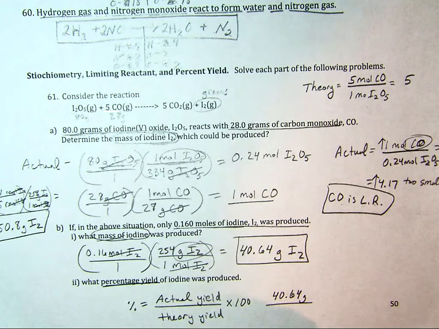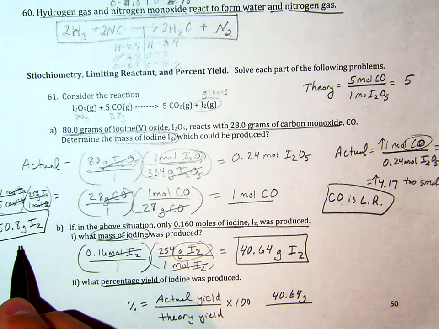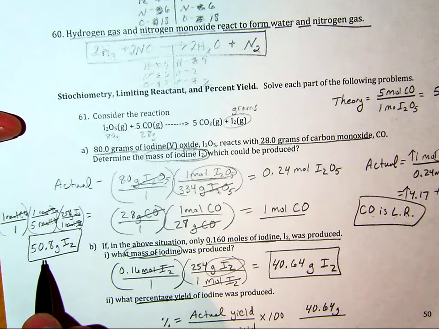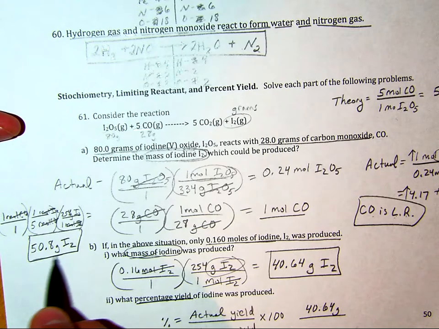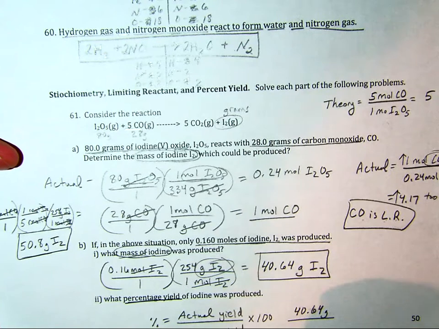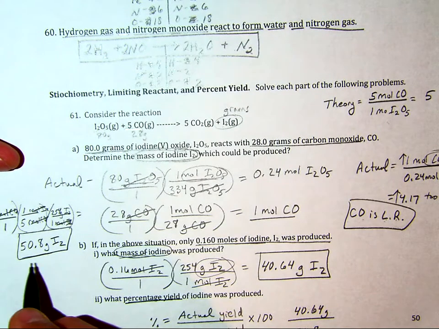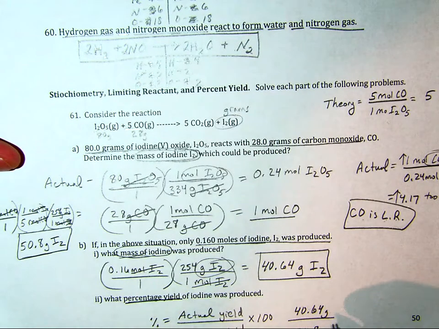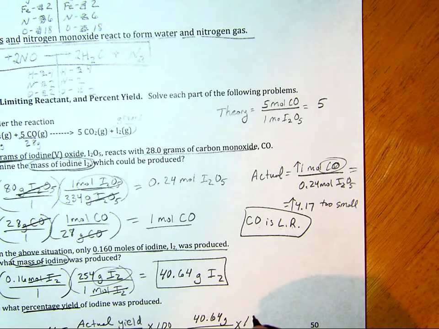My theoretical yield is what you should form in theory. We determined that earlier up here. In theory, we should form 50.8 grams of iodine. And that's according to my balanced chemical equation. We should have formed 50.8 grams. So we take those two numbers and then divide them and then times it by 100 to get your answer here.